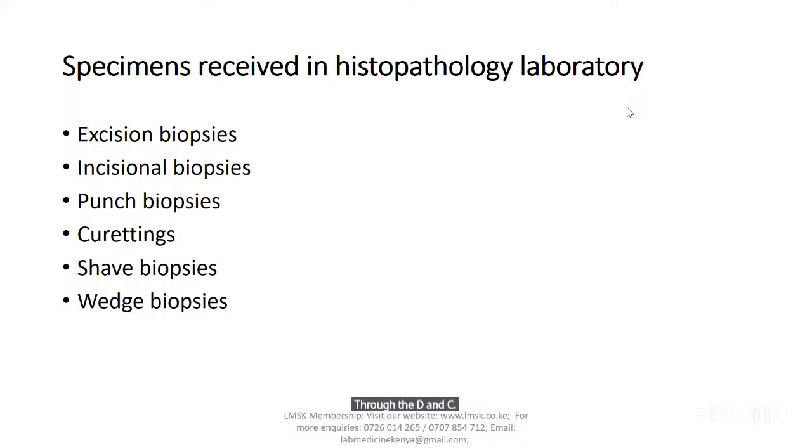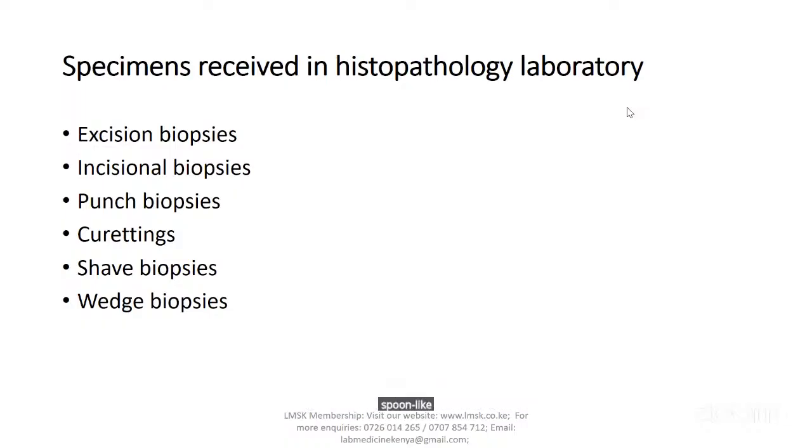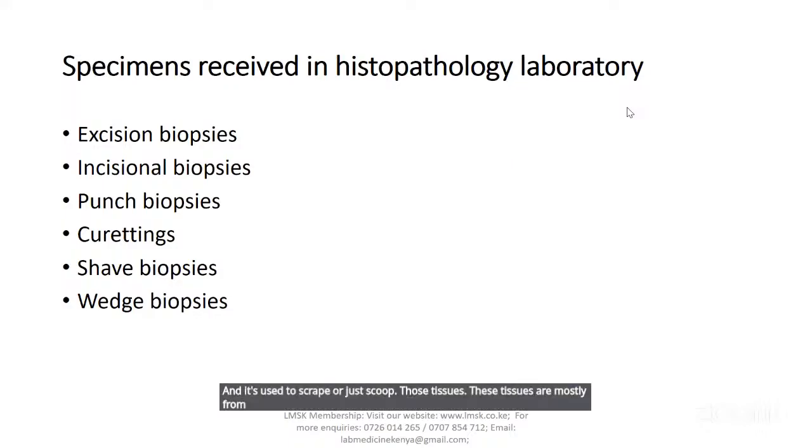D and C means dilation and curettage, and it's normally done using a curette. A curette is an instrument that looks spoon-like, and it's used to scrape or scoop tissues. These tissues are mostly from cavities, and in most cases, they are from the uterus.